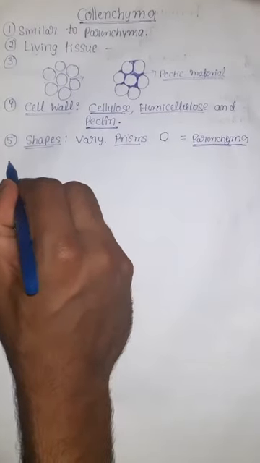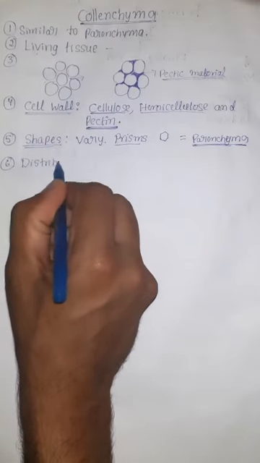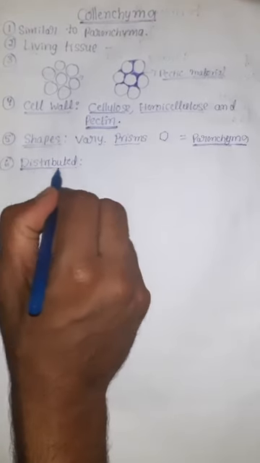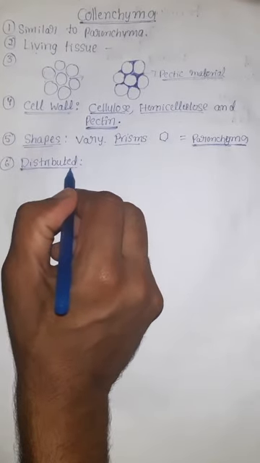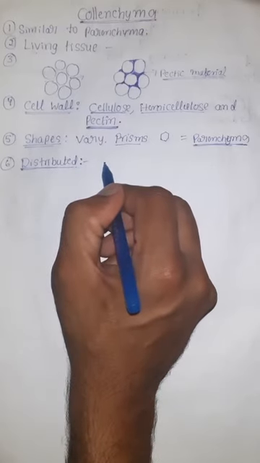Where is it distributed in the plant? Parenchyma is a very basic type of tissue distributed throughout the plant body.